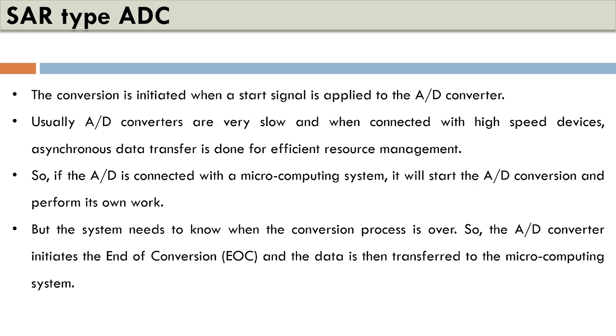During that time, the microprocessor will get back and do its own work. And when the conversion is over, the A to D converter will generate an end of conversion signal, which will then again trigger the microprocessor or the microcomputing unit to stop its own work and accept the converted digital data into its own data bus. And this is how the asynchronous data transfer is carried out between an A to D converter and other microcomputing systems.